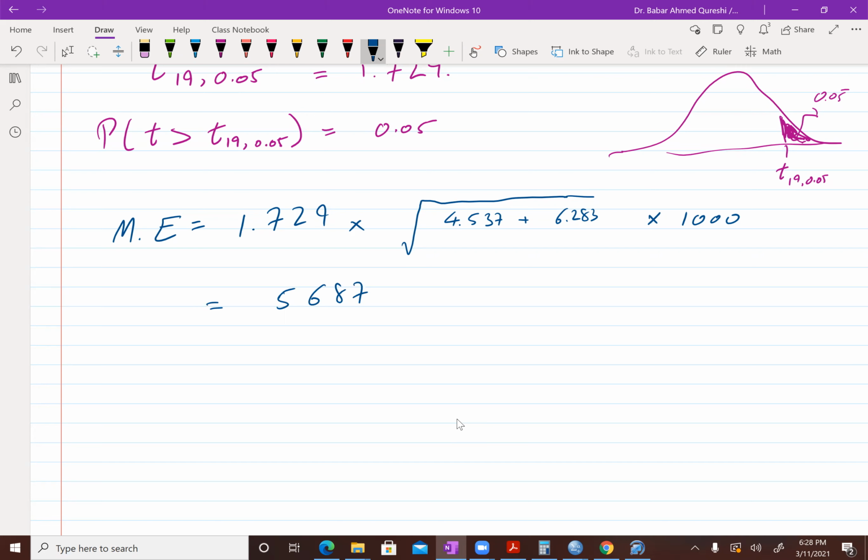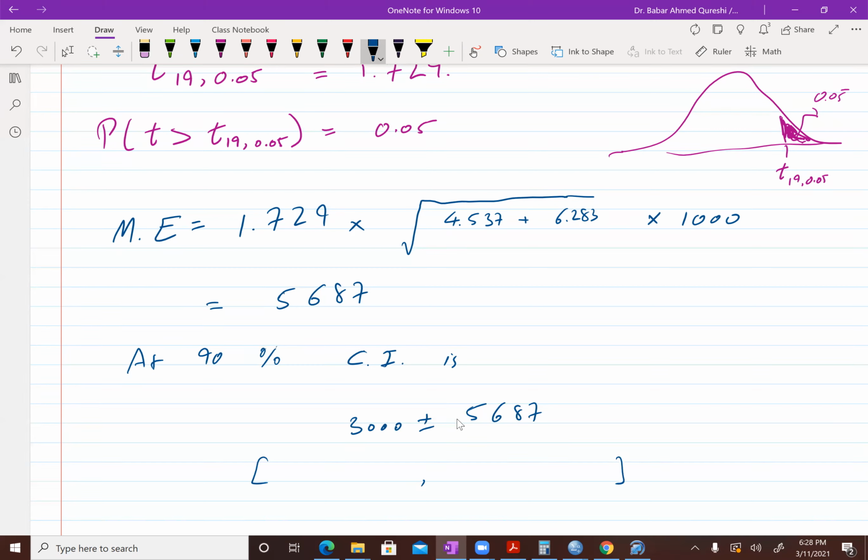So that means at 90% confidence level, the confidence interval is 3000 plus or minus 5687.